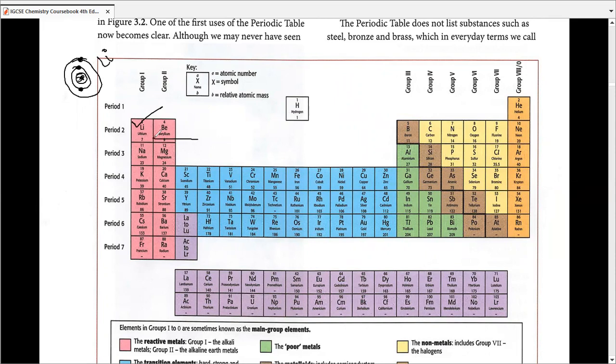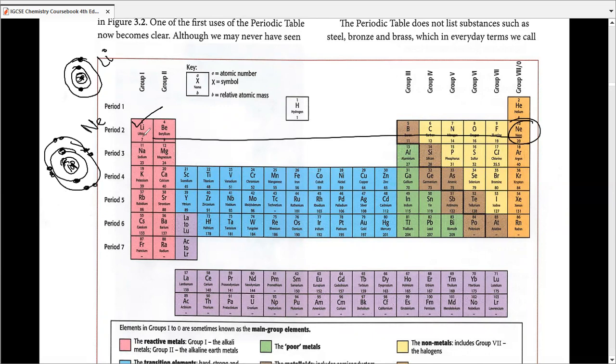If you move in period 2 and you go to the farther end, you would see neon over here. Neon has 10 protons and its first shell has 2 electrons and its second shell has 8 electrons. My poor drawing skills, it doesn't look like a circular shell at all. So how come neon is smaller than lithium?